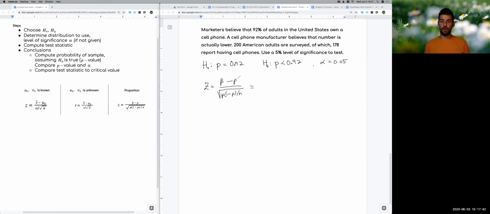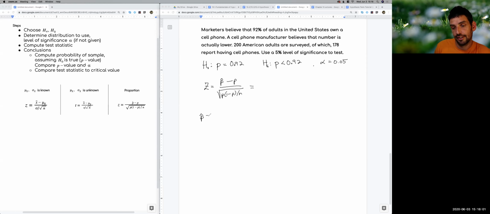So I'll just remind everybody what these things are. P is, of course, the proportion, and in this case, it's the proportion in our null hypothesis, the one that we're assuming is true. P hat is the test proportion. We actually don't know that yet, though we're given enough information to find it.